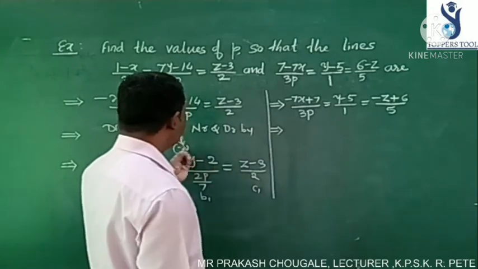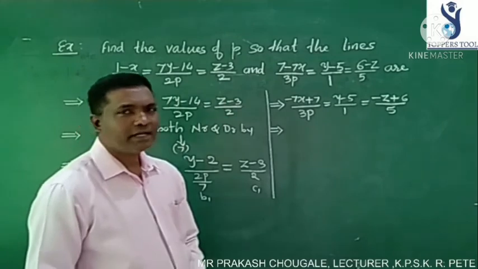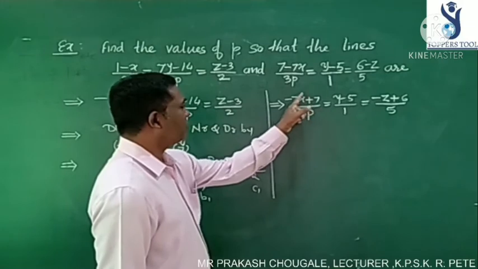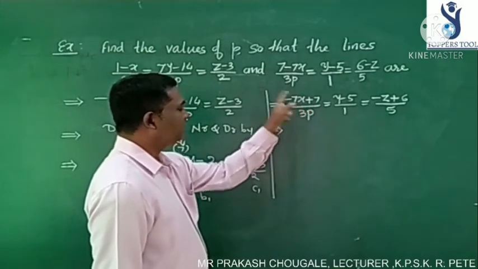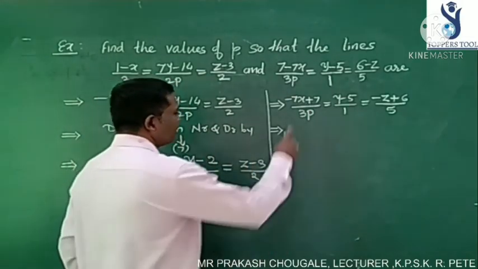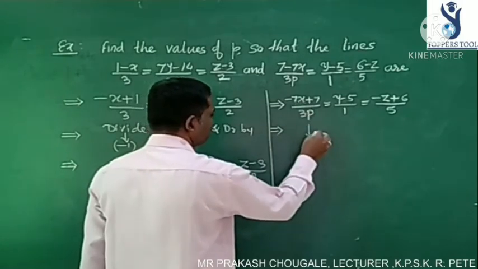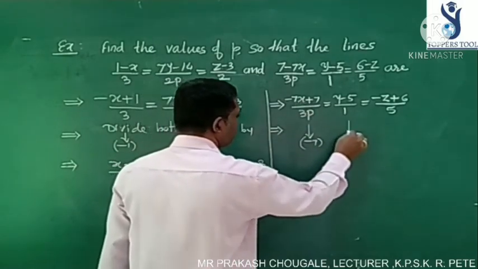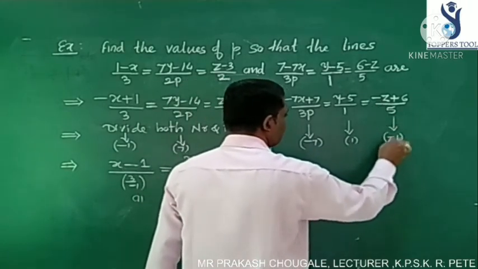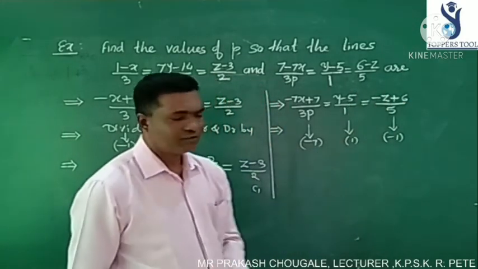So here also you can do the same thing. Divide both numerator and denominator by the respective coefficient. In order to make the coefficient of x as 1, divide by minus 7, to both numerator and denominator. In the y term nothing is required, means 1. For z, divide both numerator and denominator by minus 1, because the coefficient of z is minus 1.